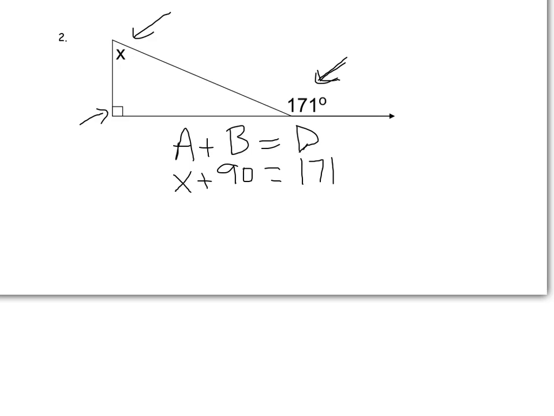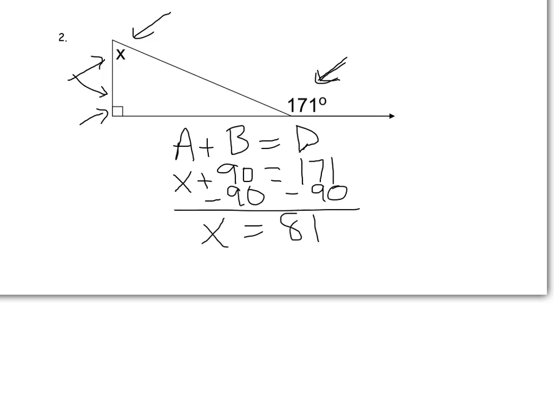These are the two remote interior angles, and added together they will equal the exterior. Then we just have to isolate X. So we subtract 90, and we get X equal to 81 degrees. So that interior angle would be 81 degrees.